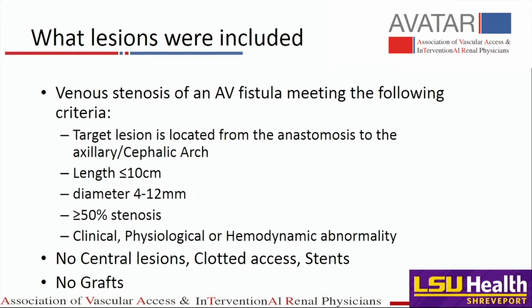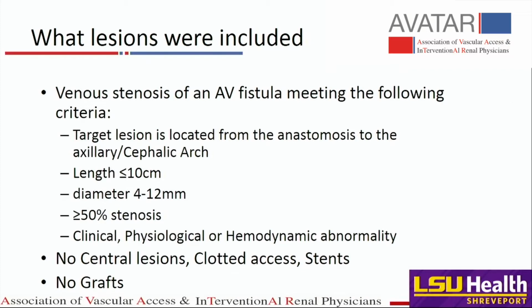So what lesions were included? They included lesions all the way from anastomosis to the cephalic arch. Immature fistulas that had not been used for dialysis were not included. These were fistulae with some clinical indication of dysfunction, whether the KTOV was low, whether there were high venous pressures, or whether there were low access flows measured on dialysis circuits.